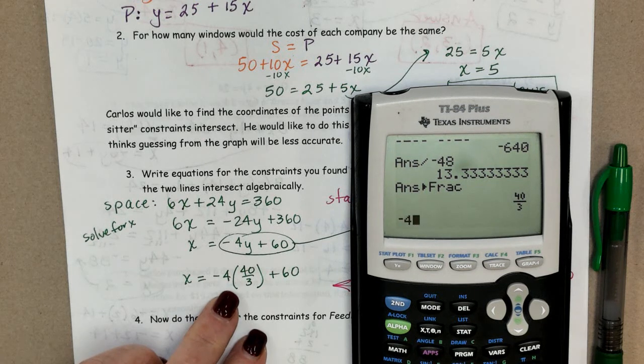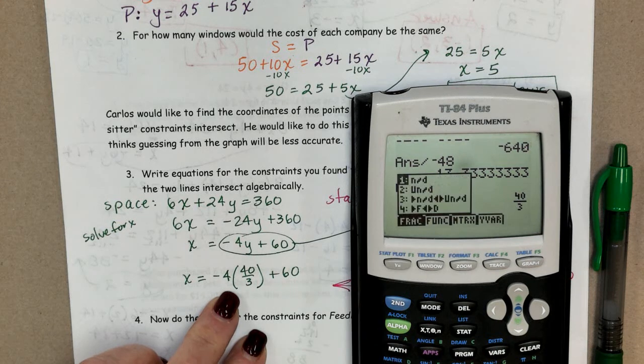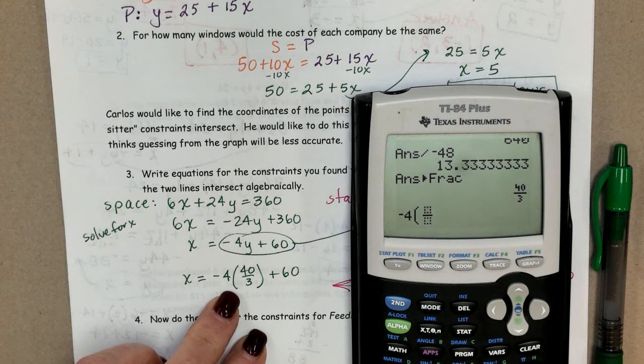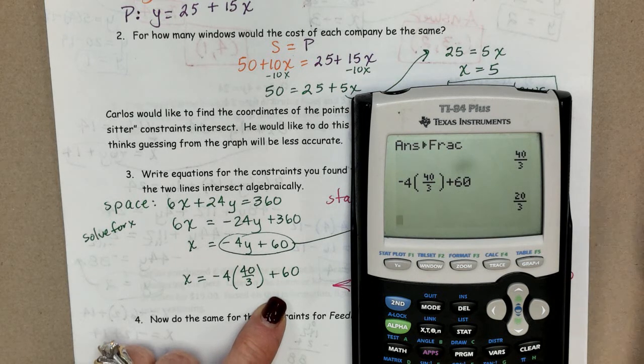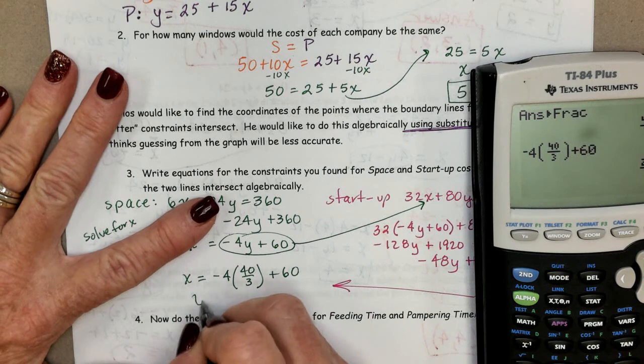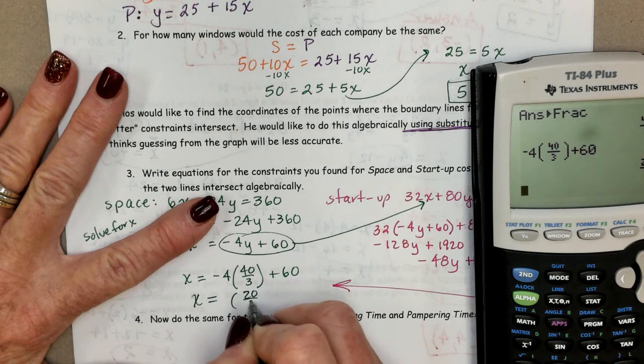So negative 4 times, we need a fraction. Remember, you're going to go to alpha F1, fraction, 40 over 3, and then plus 60. And it gives you a fraction right away, 20 over 3. So x equals 20 over 3.